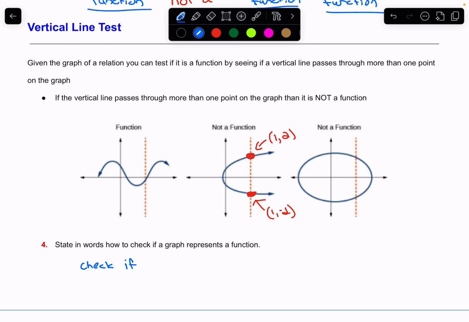So check if a vertical line touches the graph on 2 points. Okay, so check if a vertical line touches the graph on 2 points. Because if one vertical line touches at 2 points, that means you fail the vertical line test, just like the middle and right cases above.